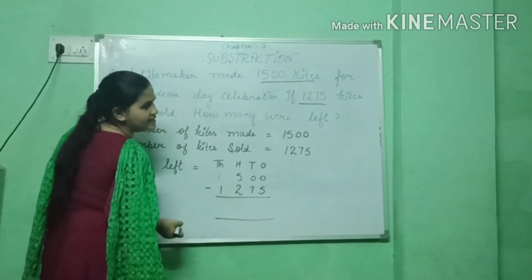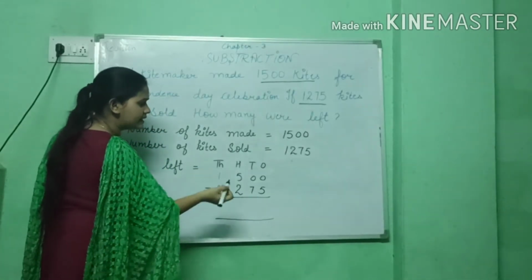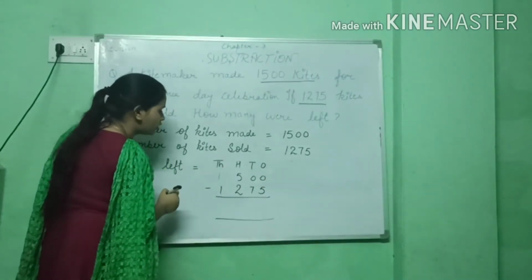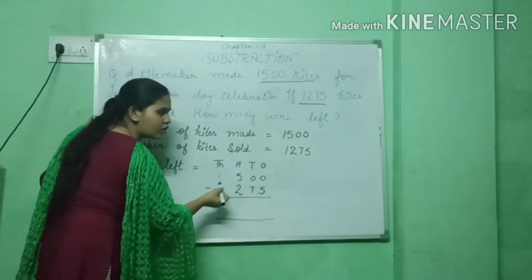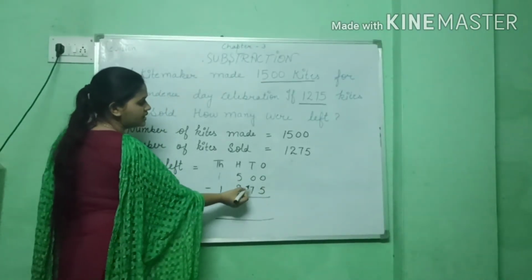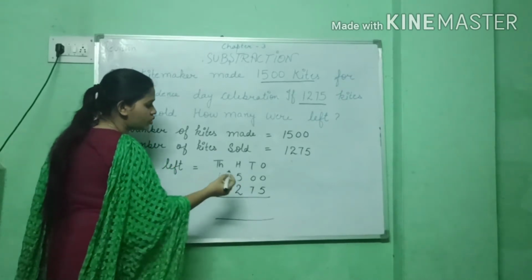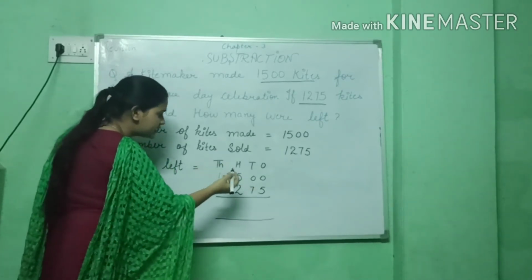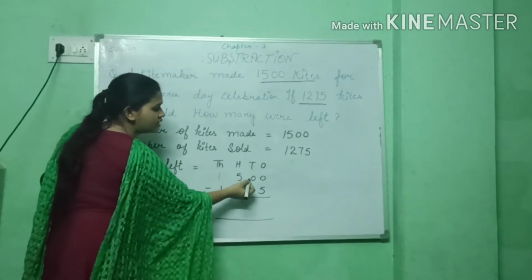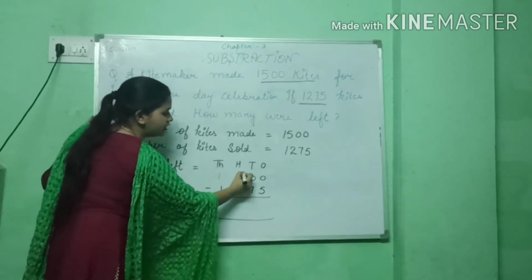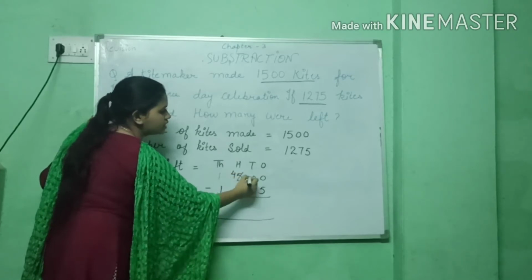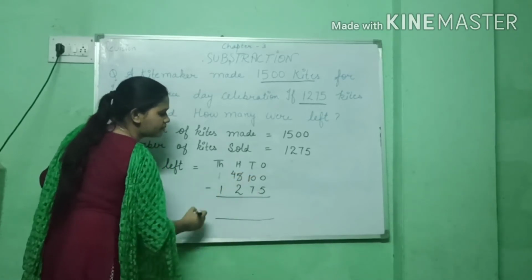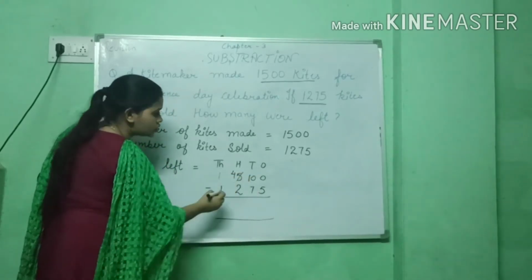Now 5 is bigger than 0. We can't minus 5 from 0. So what will we do? 0 will borrow from the other number, but you can see there is also 0. So the tens will take 1 borrow from 5. When 5 gives 1 borrow, it becomes 4, and the 0 becomes 10.